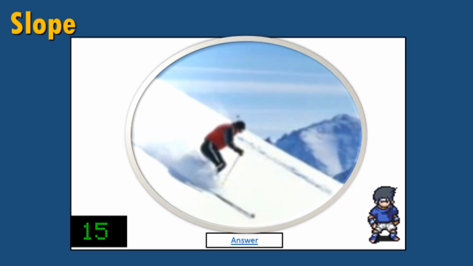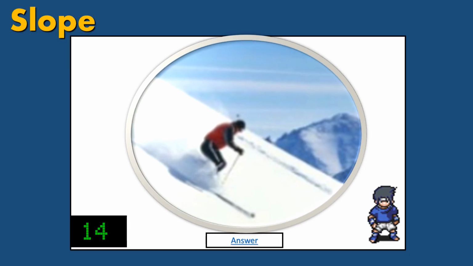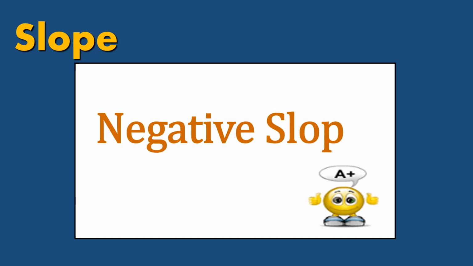What about this picture? The answer is negative slope.